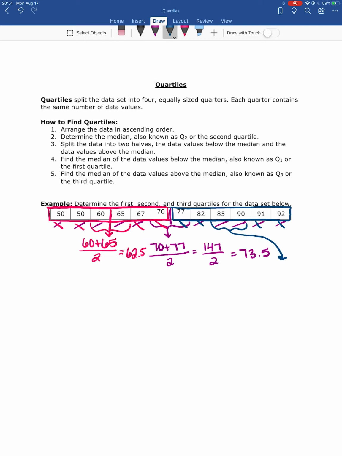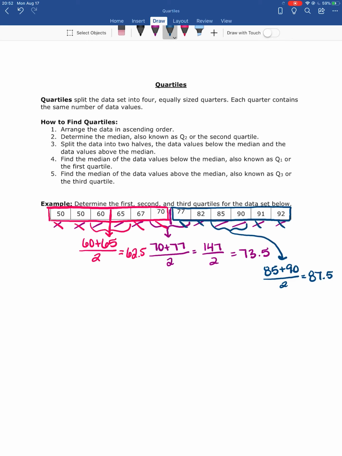I'm just going to draw a little arrow coming down here. So I'm going to do 85 plus 90 divided by 2, which is going to give me 87.5.